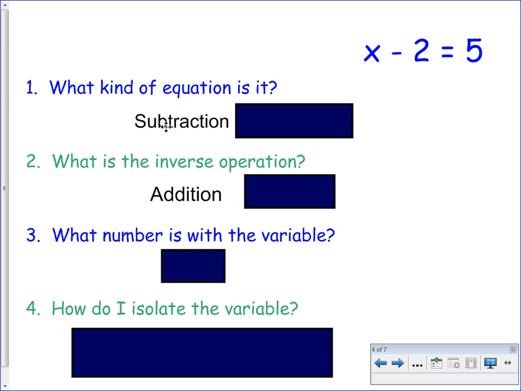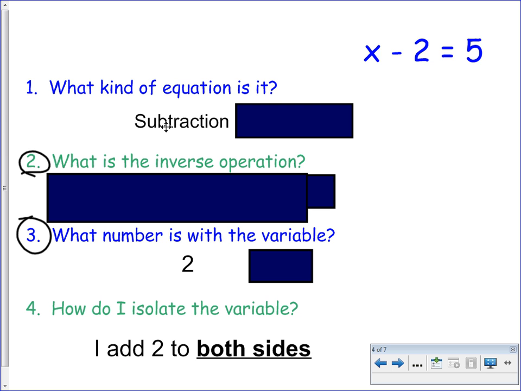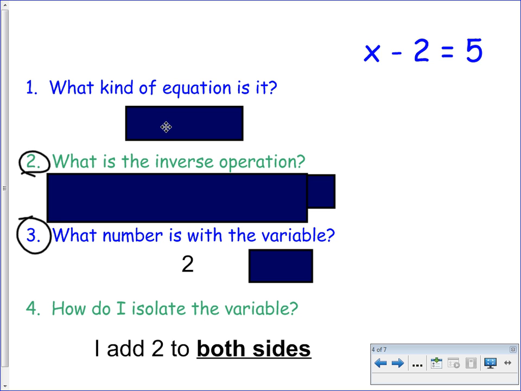And the number with the variable, on the same side as the variable, is 2. So how do we isolate the variable? We take the answer from number 2 and the answer from number 3 and put it in that sentence. How do I isolate the variable? Well, I add 2 to both sides. Remember that starred comment? Whatever you do to one side of the equation, you do to both sides.